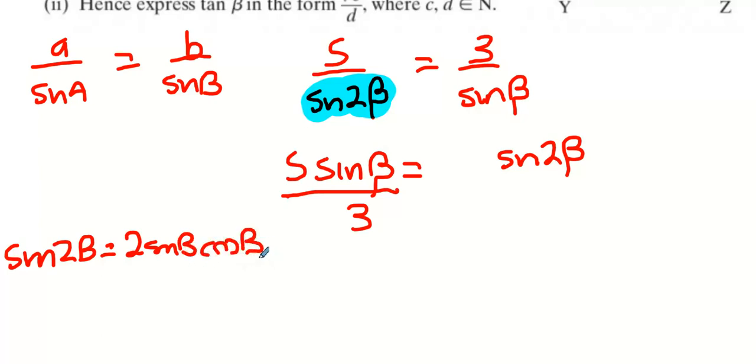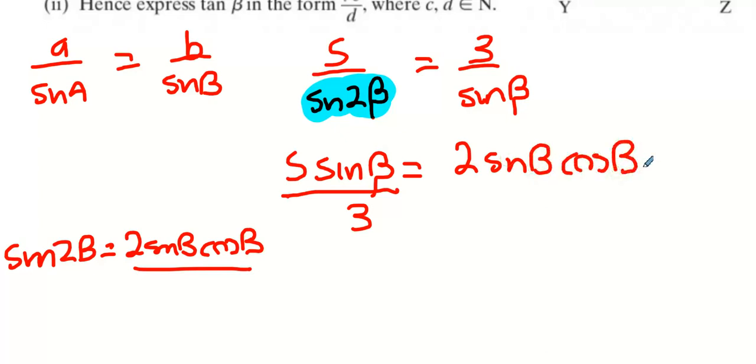Looks basic enough. So why don't we replace sine 2B with this here? Does that make sense? We are in the double angle formula chapter, right? So look what happens here. Anything cancel on both sides? Is there anything that's on both sides that is the same? They're all B's.